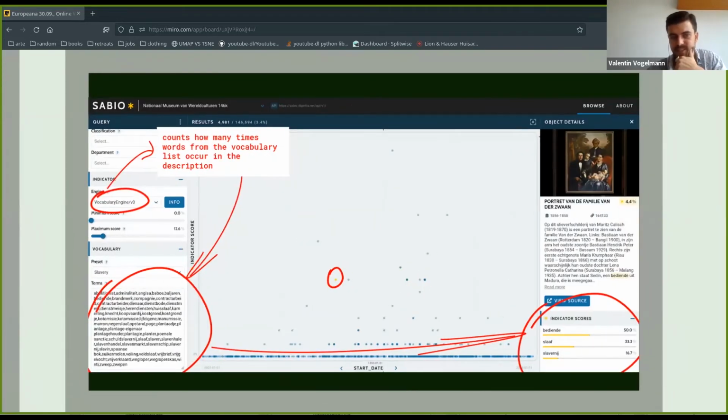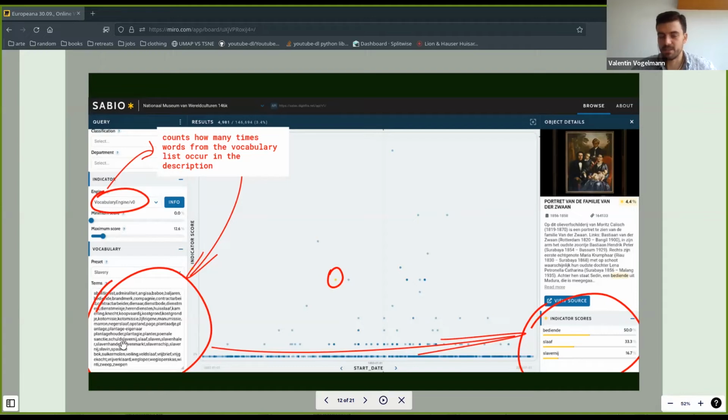This is another algorithm that is probably the most useful one at this point. That one actually does have a concept of what bias is, namely it counts in each object how often the words in this list occur. And these are actually the words from the Words Matter publication, a bit extended. But still, why it's flexible towards whatever standpoint on bias a researcher brings in is that you can edit this list.